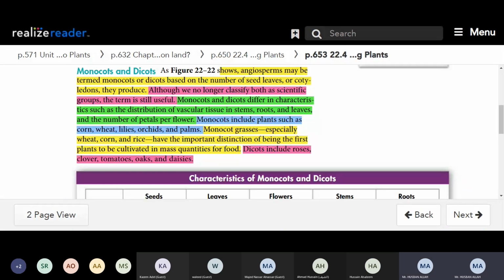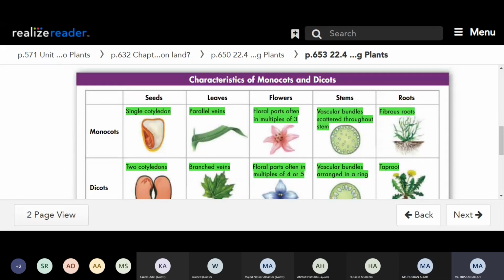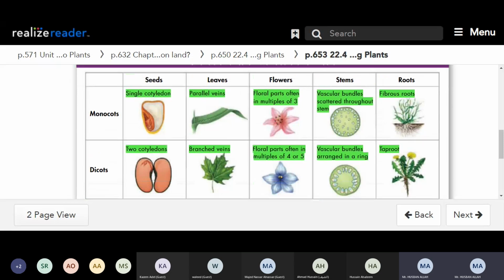Dicots include roses, clovers, tomatoes, oaks, and daisies, right? So these are examples of dicots. Now, classification of monocot and dicot. Diagrammatically, you can see, right? They give you monocots, they give you dicots, both. There are 5 different properties: which type of seed it has, which type of leaves, which type of flower, which type of stem, and which type of root.